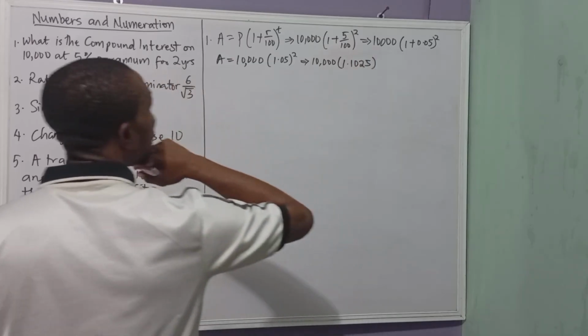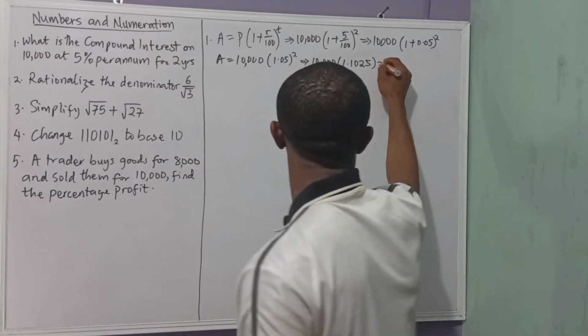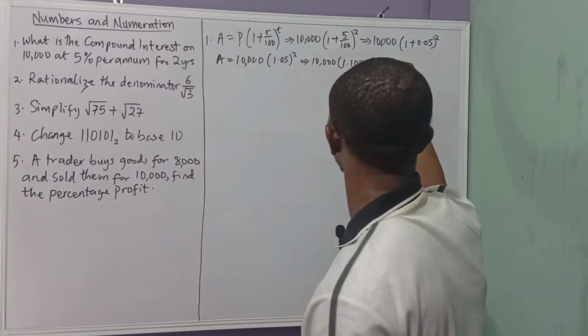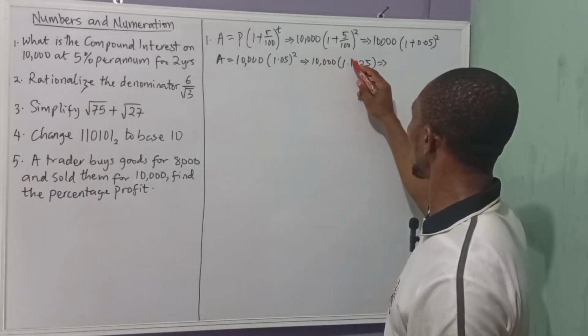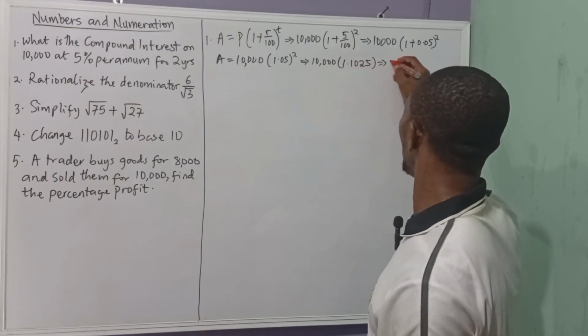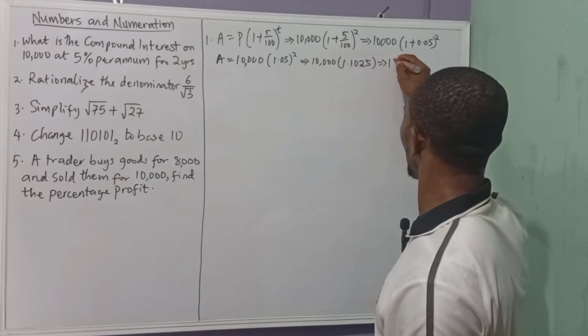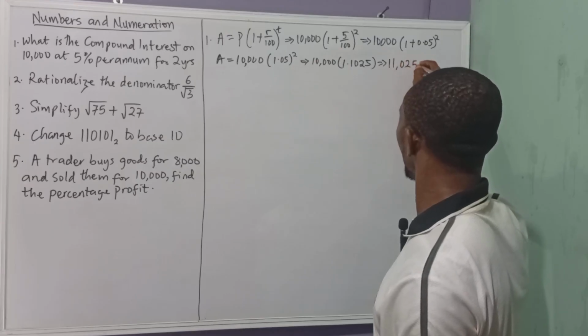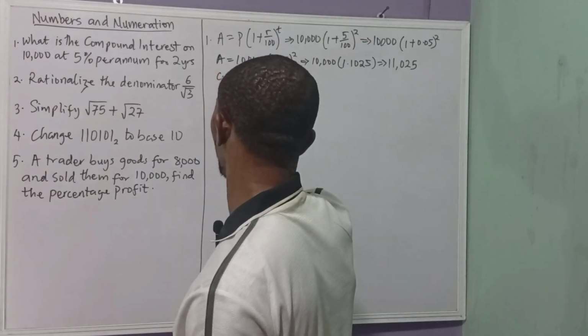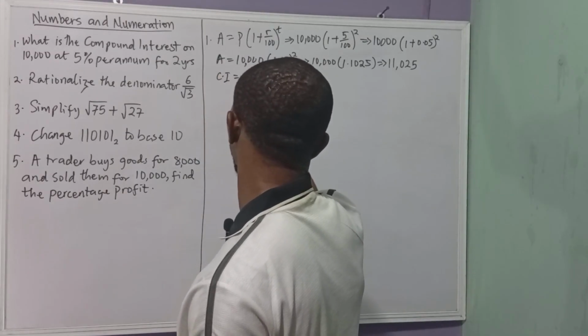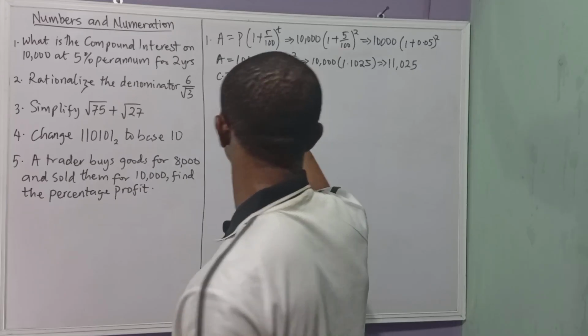Okay, so now multiplying by 10,000 gives us how many zeros? 1, 2, 3, 4. So we move our decimal point 1, 2, 3, 4. So multiplying this by 10,000 gives us 11,025. So now, for us to get our compound interest, we have it as amount minus our principal.